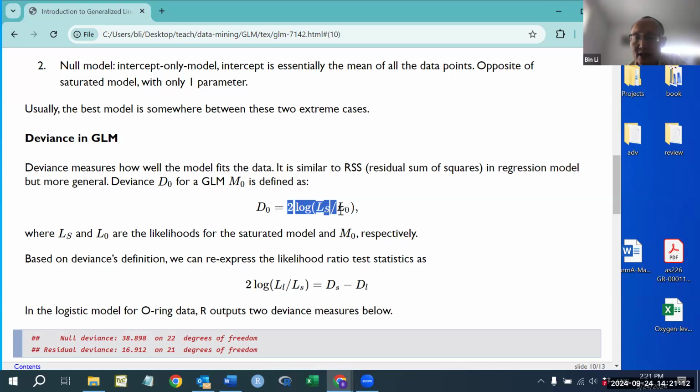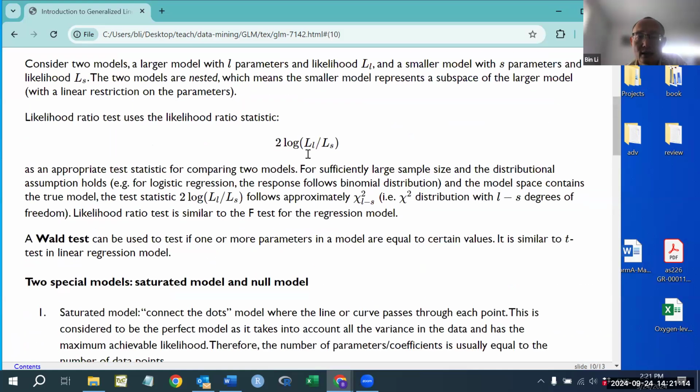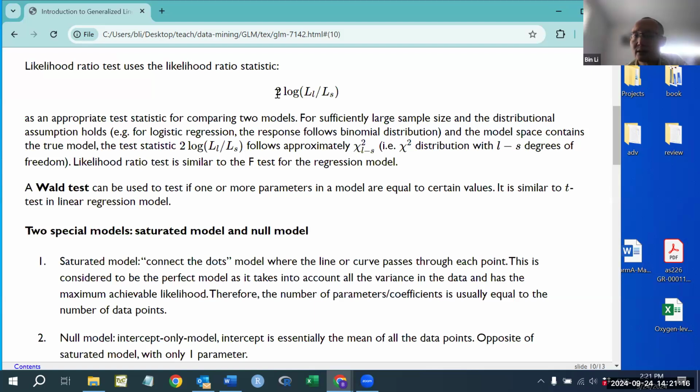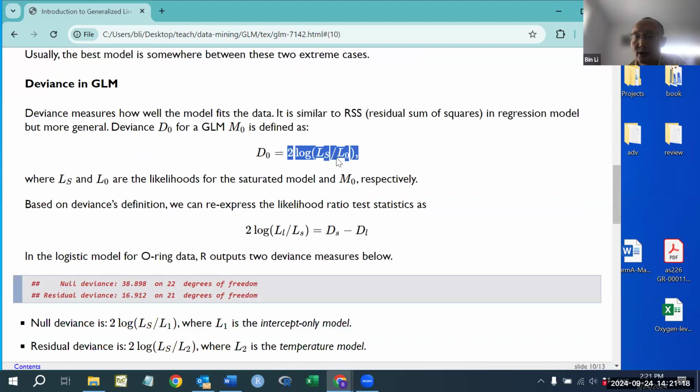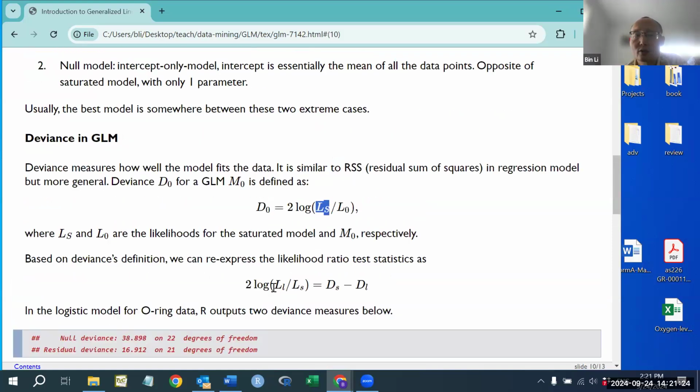You see that this is very much the same as the likelihood ratio test. But here, what is the complicated model? It's the saturated model. So deviance is always compared with the saturated model.